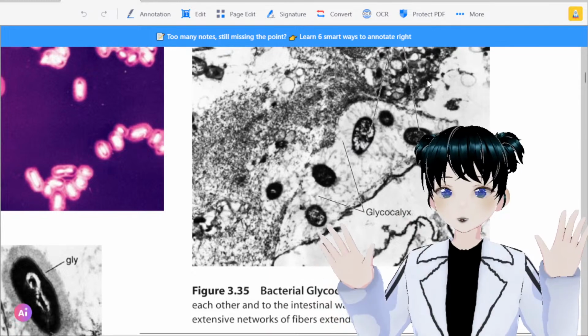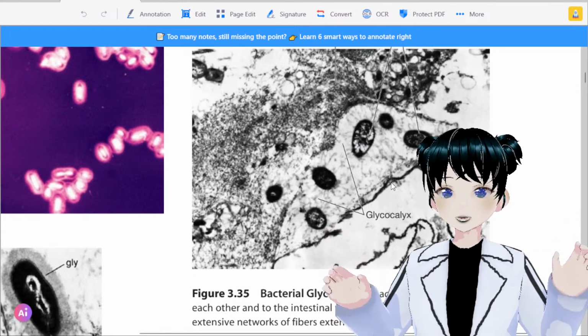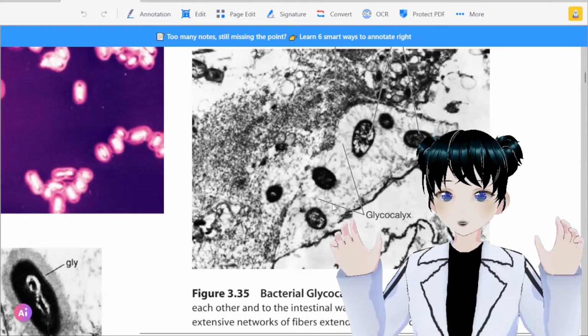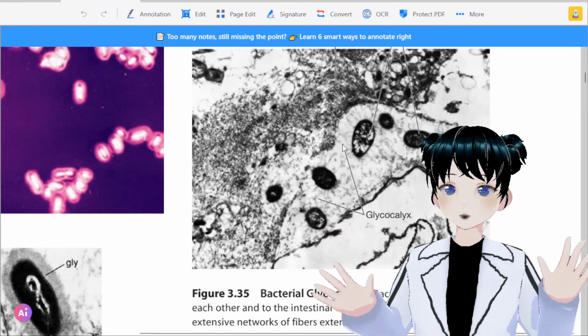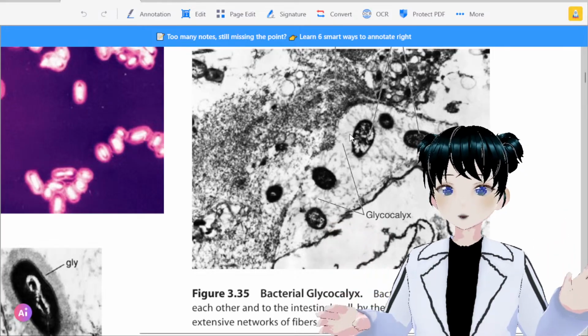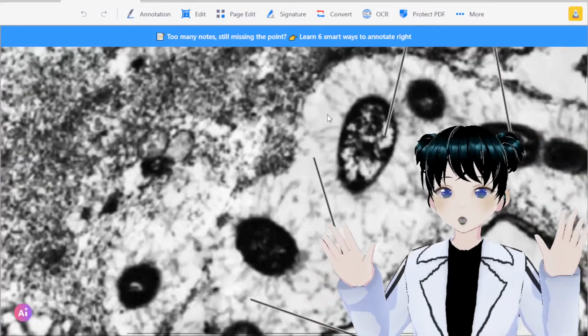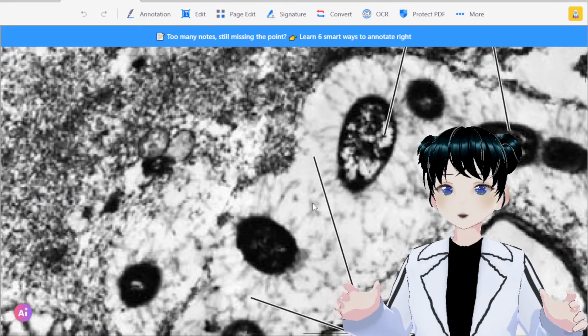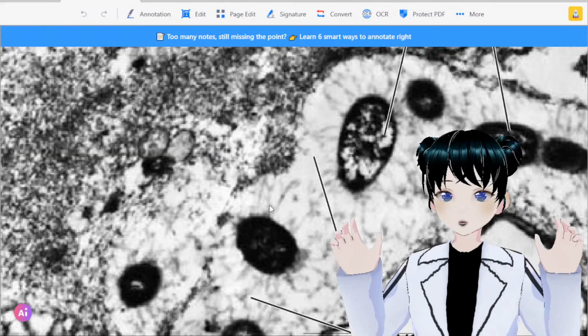Now, this diagram is of the intestine, right? And these are bacteria. Even though I don't know what they are arrowing towards, the glycocalyx, I'm sure they mean these lines coming out of it, like this is the whole capsule of it.